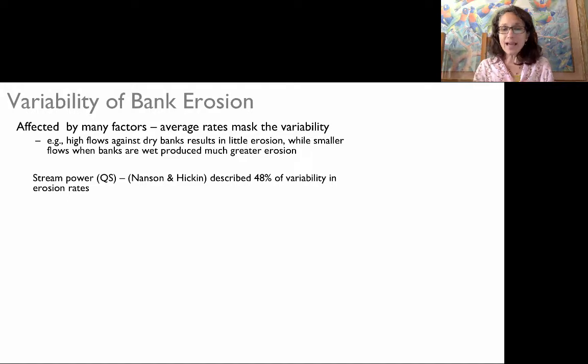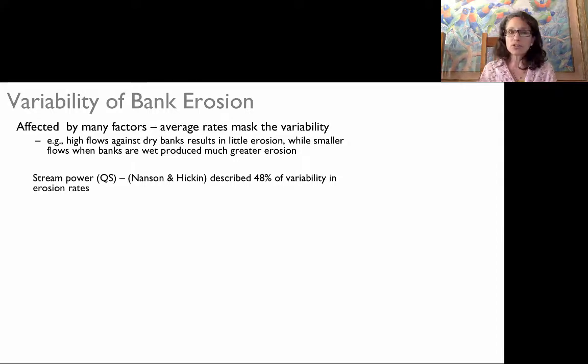So the reality is bank erosion is really episodic in response to flow events, but our measurements are often averaging over a longer period of time, which might result in an average rate that's masking the real variability in the system. So that's one of the problems with the way that we measure and the way that we tend to average.